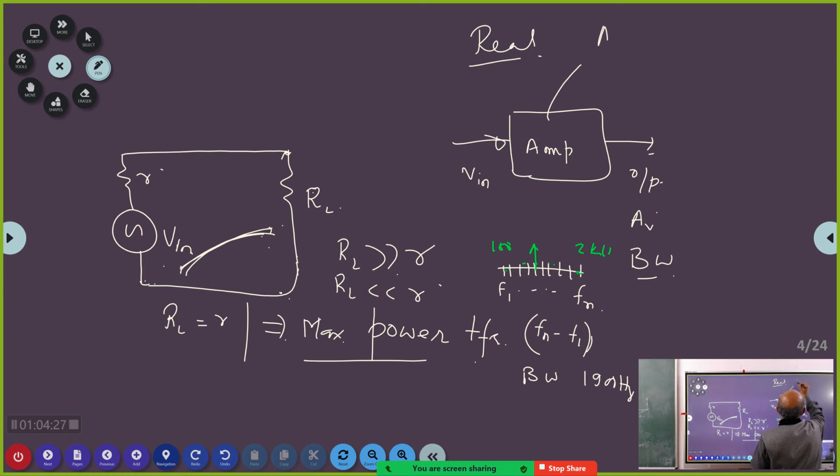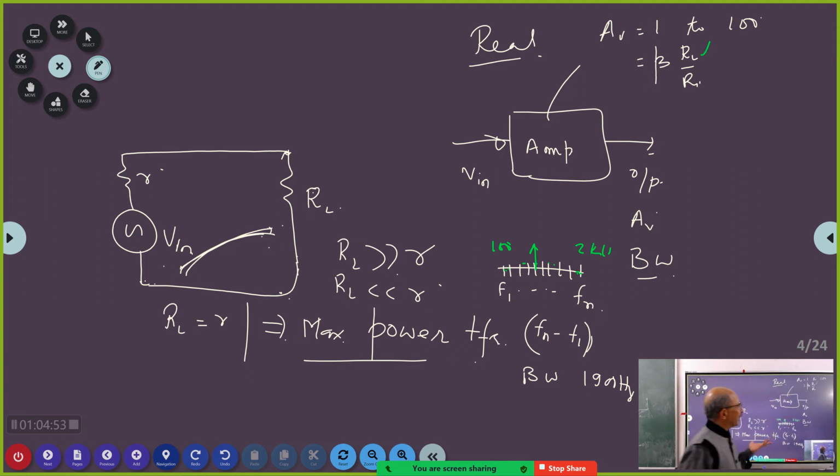I can make an amplifier AV whose gain can be from 1 to 100. I can design an amplifier for this. Obviously, what I have to do, when I take a transistor, its beta value is fixed. All that I have got to choose is the value of RF. So I can set it to a gain of 1 to 100. Got it? Simple.